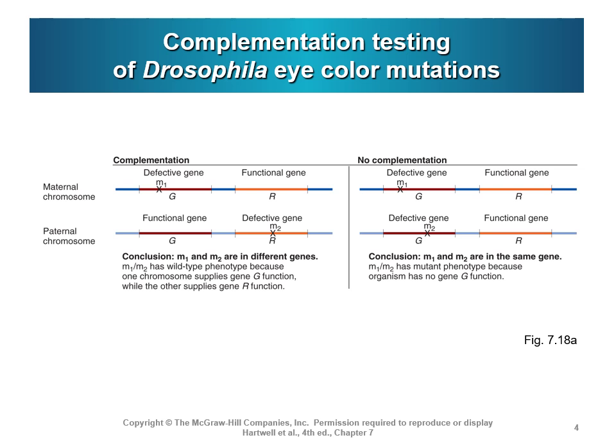In case of no complementation, where the defect of the gene appears in both copies, the M1 and M2 defects both are on gene G, then we will not have a functional G gene in offspring.